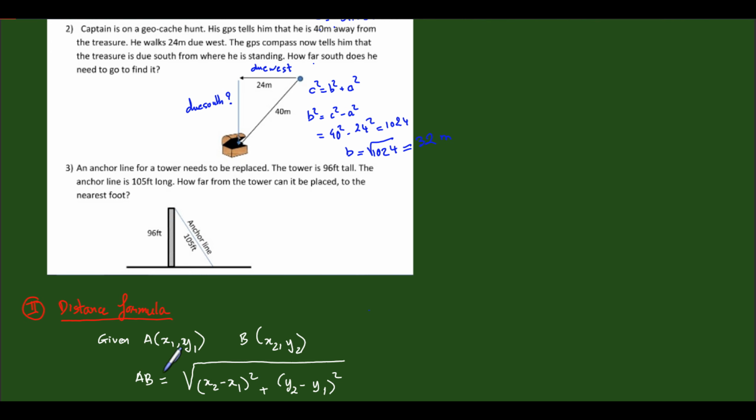So this formula only works if you know the coordinates of the points you want to find the distance for. If you don't know the coordinates, then it doesn't work. I'm running out of page, so let's jump to the next page. So that is the distance formula.